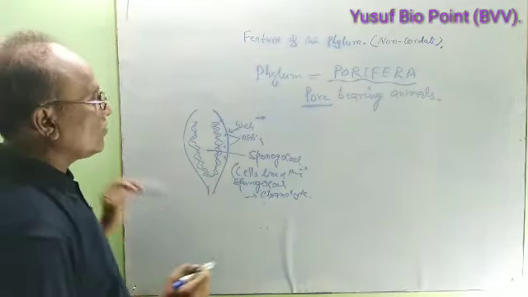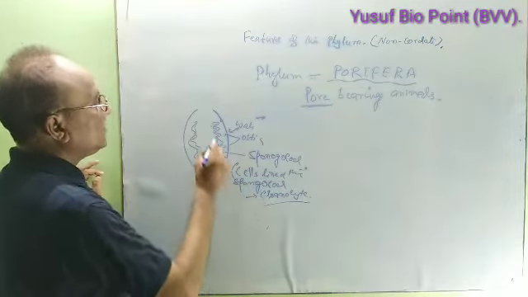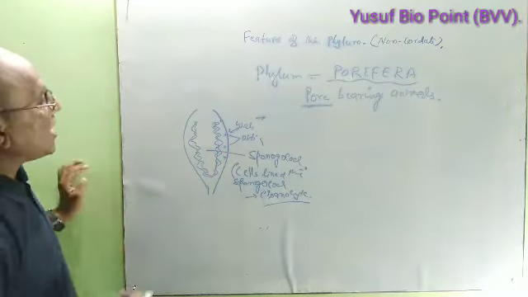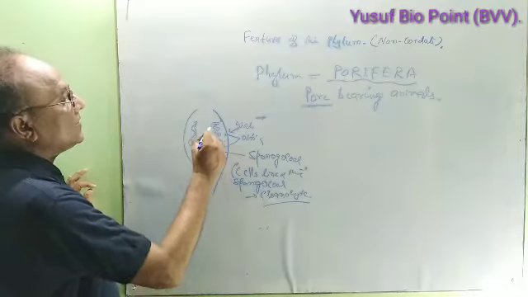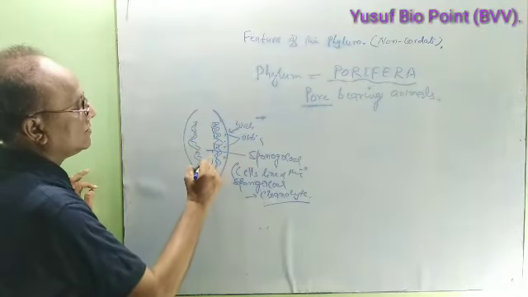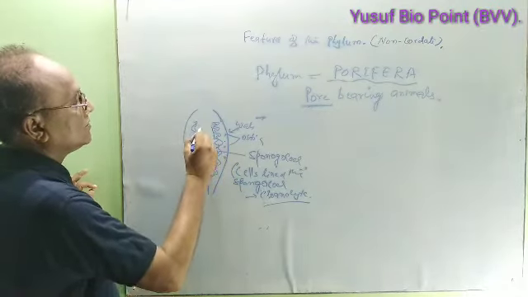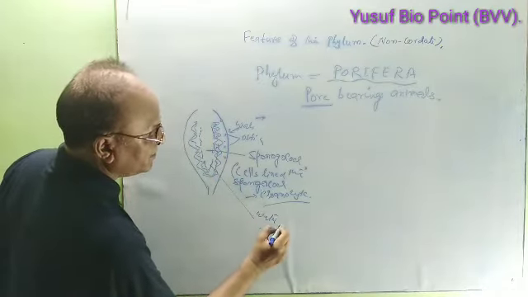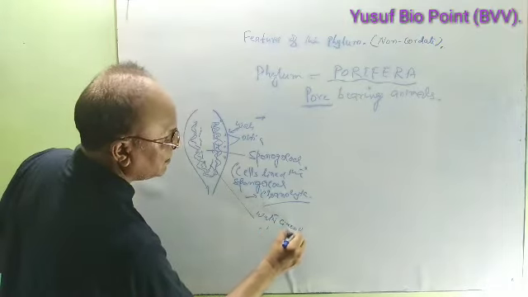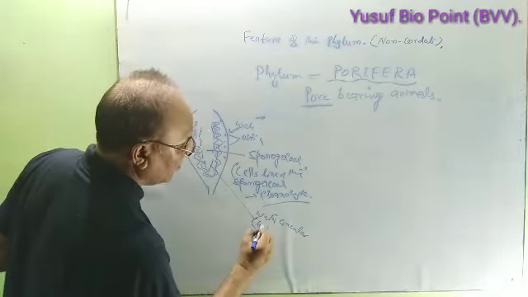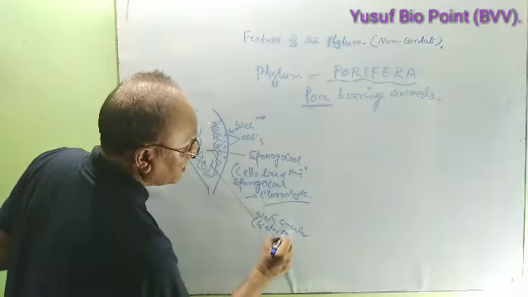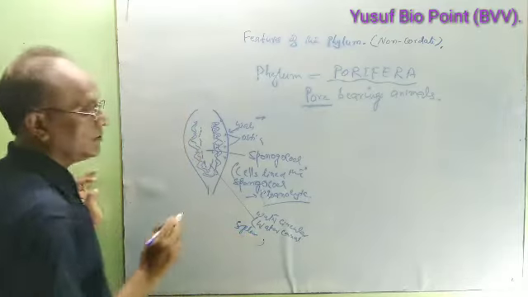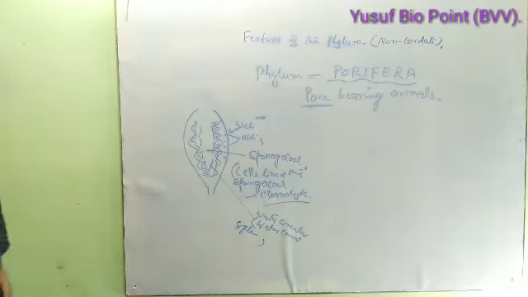Understand? So the choanocytes line the cavity. The water enters in that and circulates, and this is called water circulation, and the system is called the water canal system.